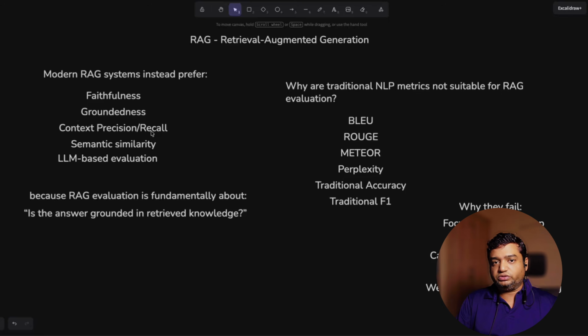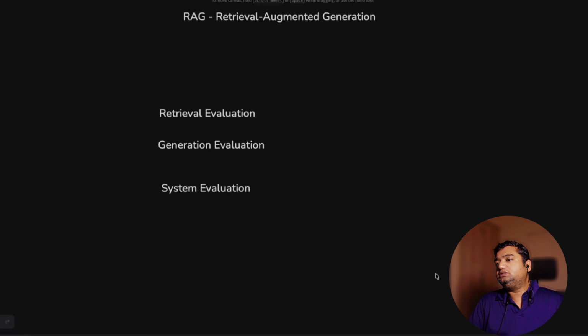the different tools. RAG evaluation is generally divided into 3 categories. The first is retrieval evaluation, the second is generation evaluation, and the third is system evaluation. Retrieval evaluation means checking whether the relevant documents or chunks are retrieved from the vector database or from the external source.